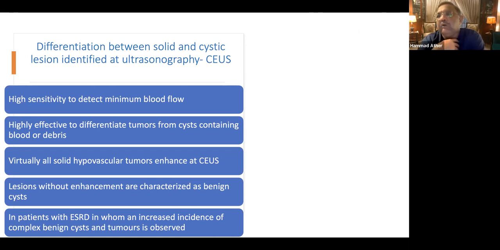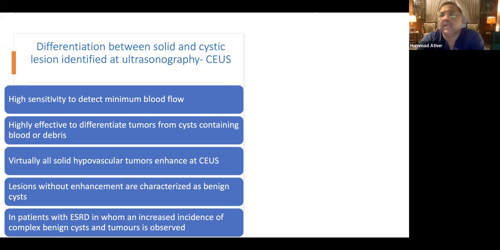We say that you can detect microvasculature of even 40 microns. And it doesn't give you the static picture that we have on CT and MR. What we are seeing is real-time imaging. It is highly effective to differentiate tumors from cysts containing blood or debris.